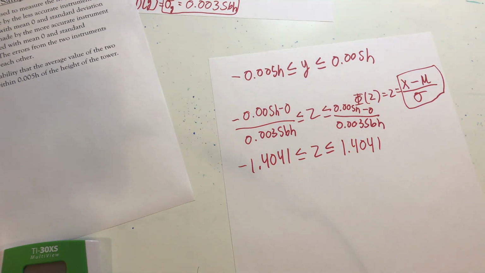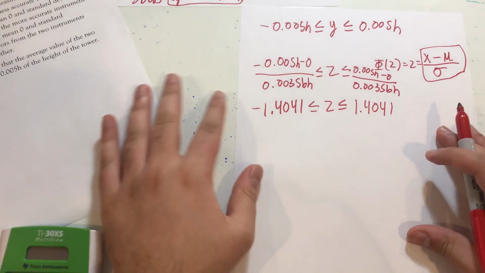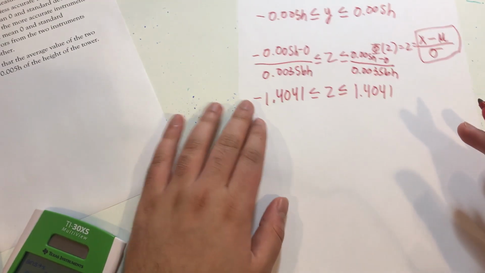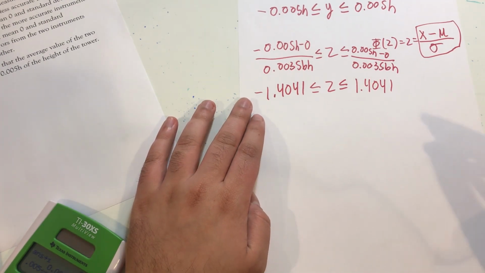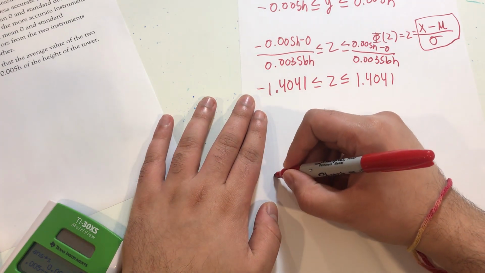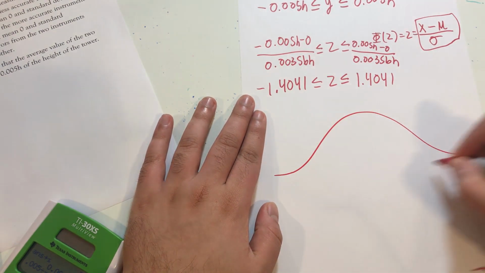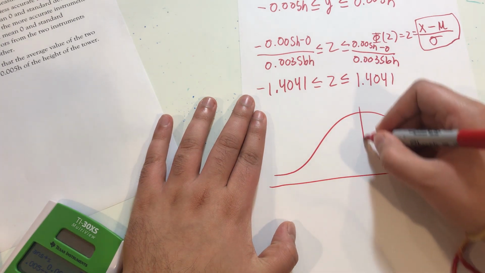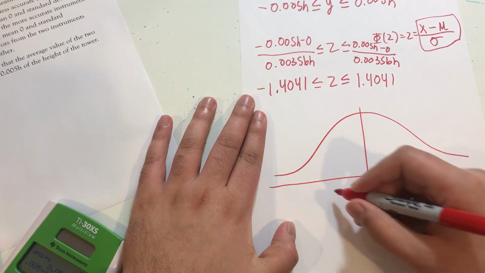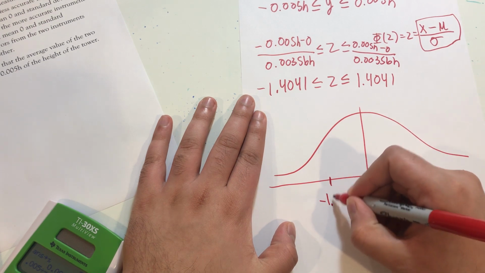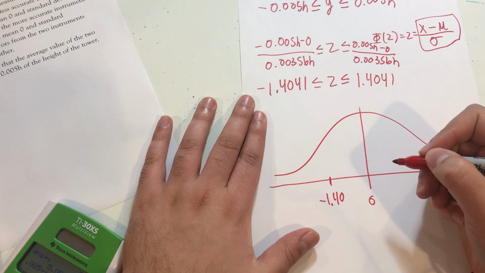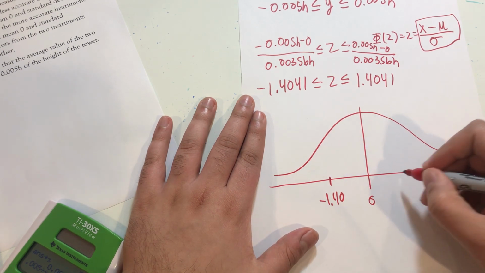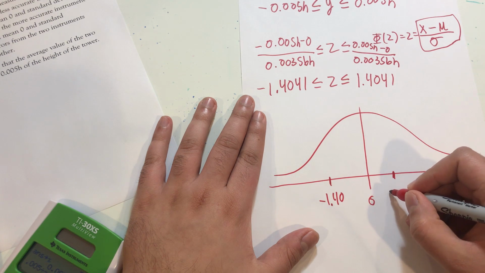Okay, so what does this mean? This is essentially telling us that the area we're looking for on the standard normal distribution is in between our z values, where let's say this is a z value of 0, in between negative 1.40, I'm going to round down to negative 1.4, and then positive 1.4.